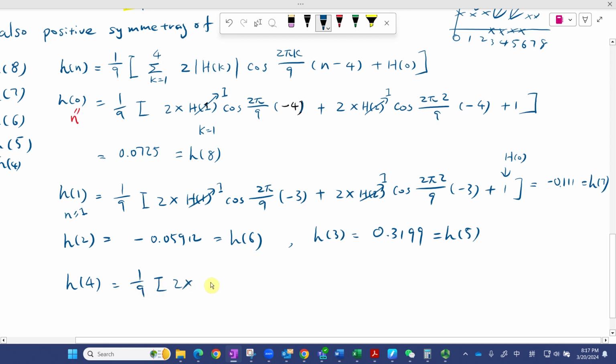So 2 multiplied with H1, H1 is 1, so we just neglect that, cosine 2 pi over 9, and this time n equal to 4. 4 minus 4 is 0. So this is simplified as well, and plus 2 cosine 2 pi times 2, which is 4 pi over 9, and another 0, and plus 1. This one equals 0.555. So from h equal to 0 all the way to h equal to 9, we got all the parameters.